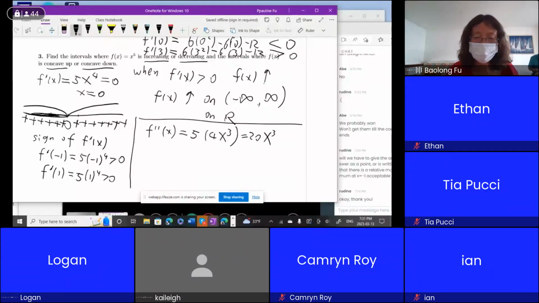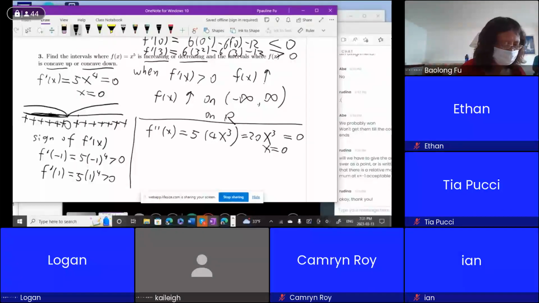Once you have found the second derivative, let the second derivative equal to 0. What you get is x equals 0.